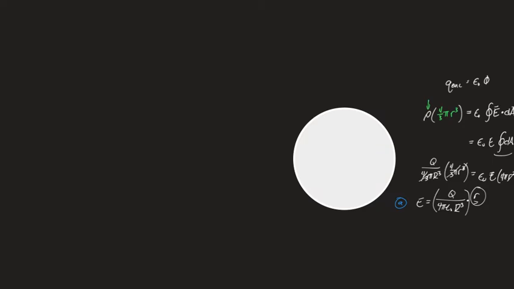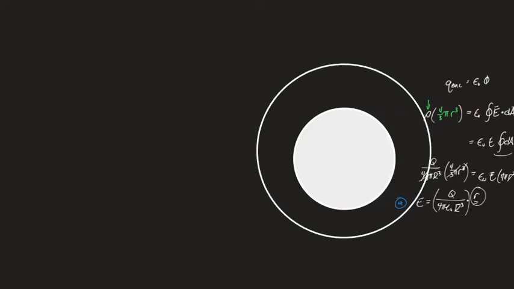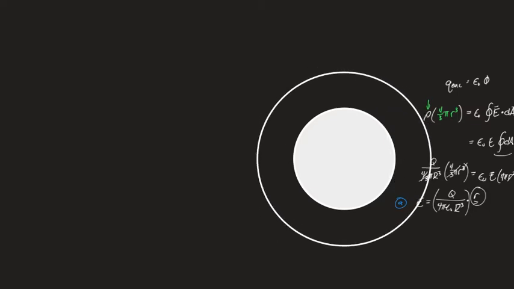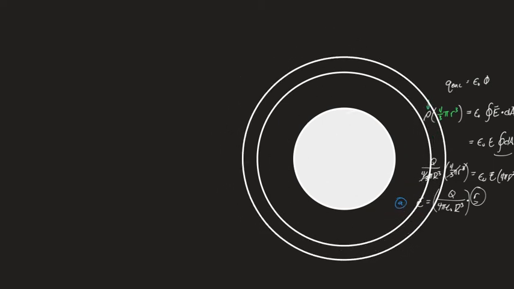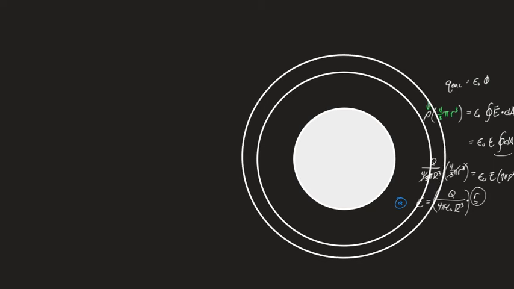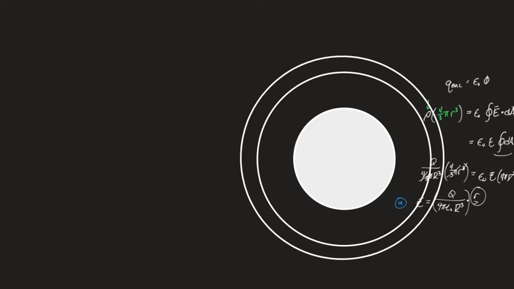So we now have a conducting shell like this. It's not to appropriate scale. Will you forgive me for that? That's 2R, and that's 3R.